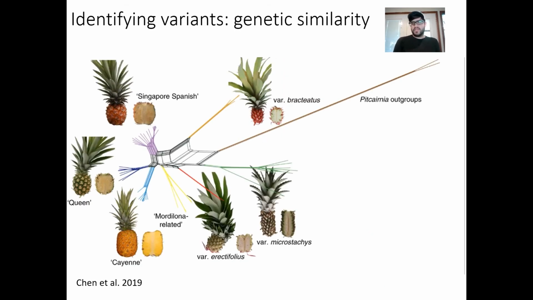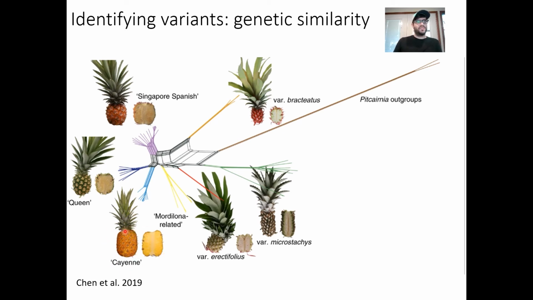So this is an example of some of my research. This is a paper that was published a couple years ago on pineapple domestication. Here is a hierarchical clustering of different pineapple cultivars and their wild relatives. This is probably the most common pineapple that you've encountered in the grocery store, at least here in the US.